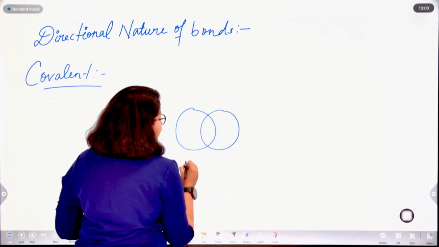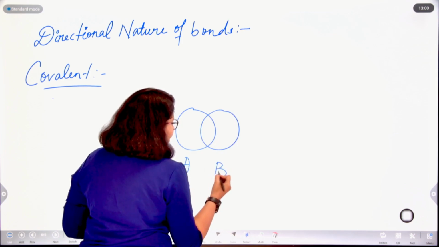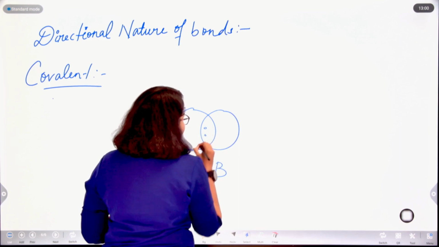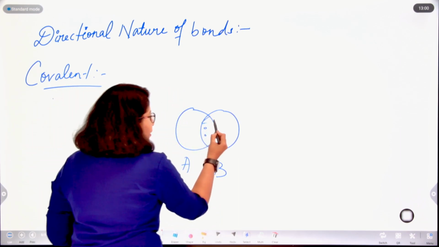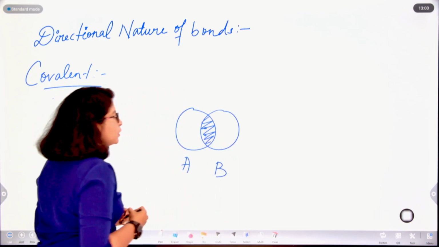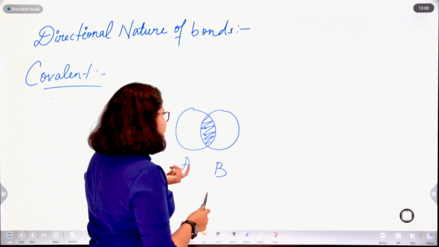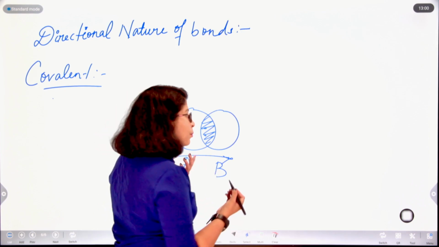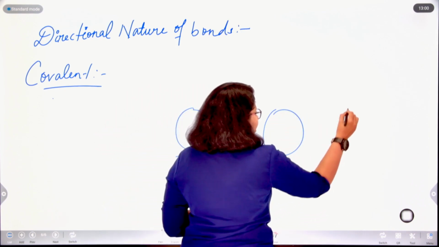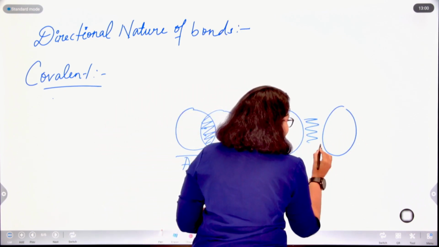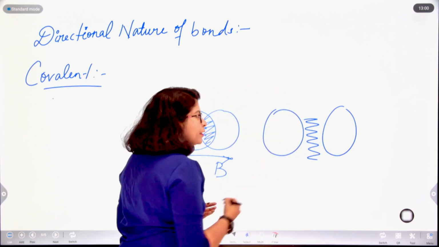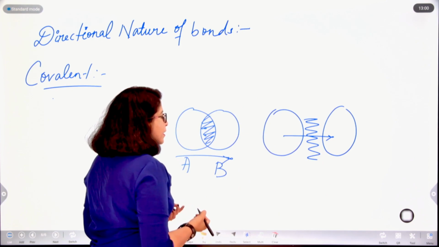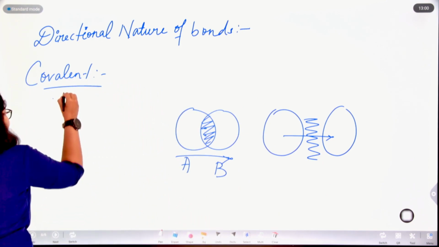Suppose this is an atom A, this is an atom B, they have one electron each, they share that electron among themselves and this is the sharing region or the bonding region. So this covalent bond has a directional nature, like the bond exists in the region between these two atoms. It is directed from one atom to the other. Therefore we can say covalent bond is directional in nature.